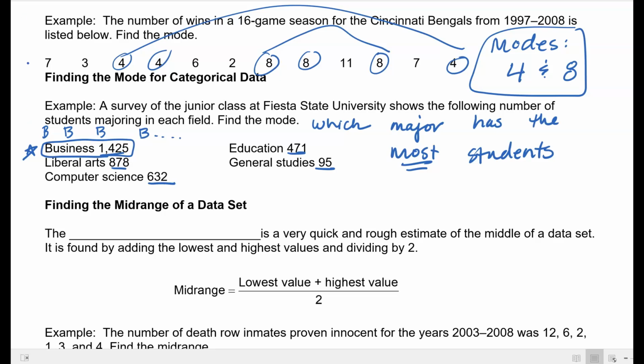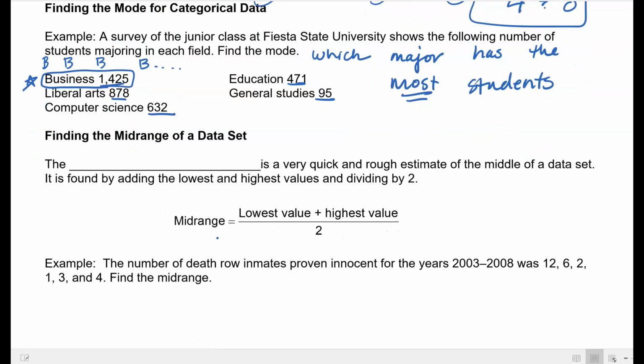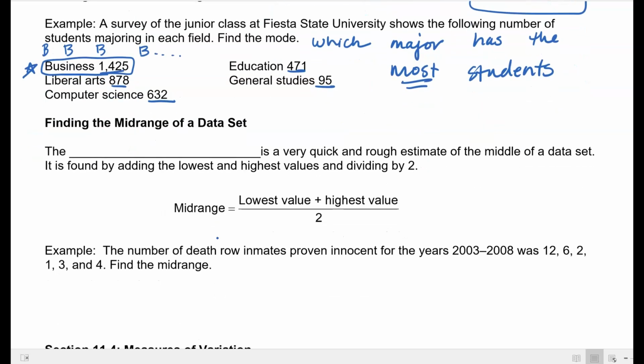All right, we're going to do the last one. The last one is called mid-range, and we've actually already done this before. So mid-range is really quick, which is nice. It's a rough estimate of the middle, and you just have to take the lowest and the highest value and divide by 2. So let's do an example.